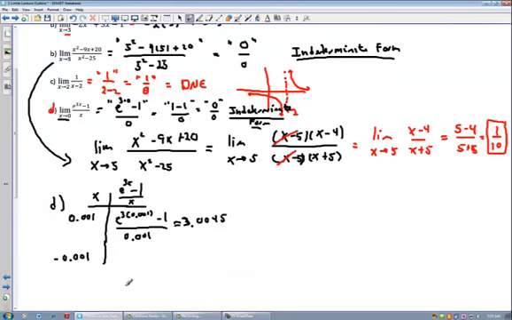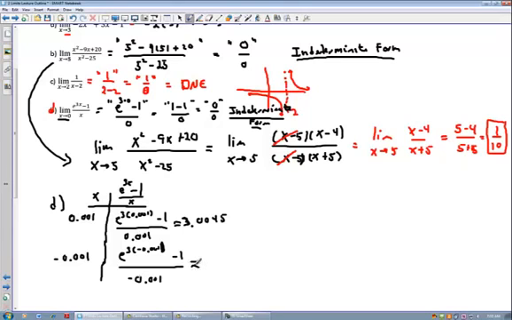And what do I get out? So I plug it into my formula here. So e to the 3 times negative 0.001, and then minus 1. And then this is all divided by 0.001 with a negative sign.